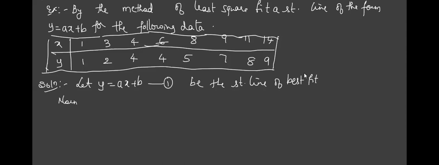Tell me what is the first normal equation? No, no, no. You are very much wrong. A normal equation contains summation. Summation y equal to a into summation x plus n into b. If there is only one quantity, you just attach n for that.